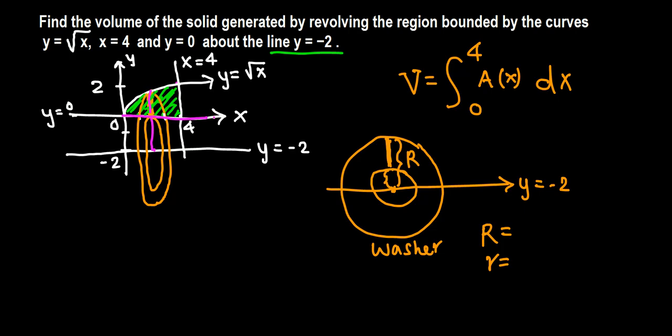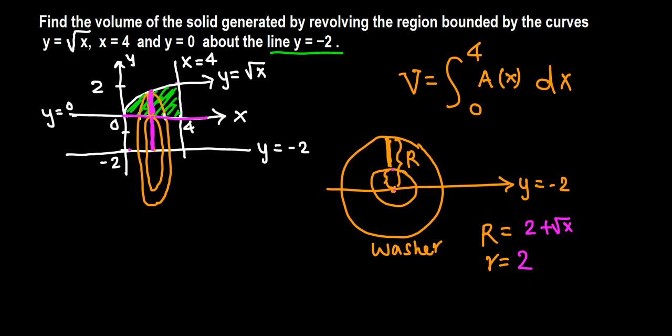From the x-axis to y equals -2, this distance is fixed, it is 2. So the inner radius, lowercase r, is 2, fixed. The outer radius is 2 plus y, which is 2 plus root x.